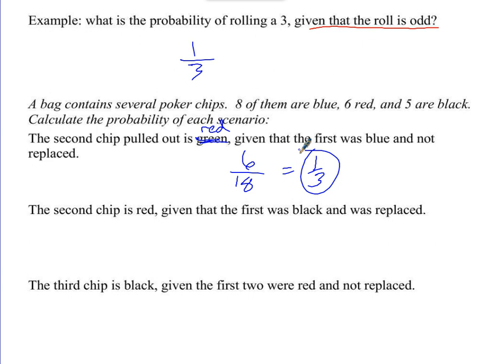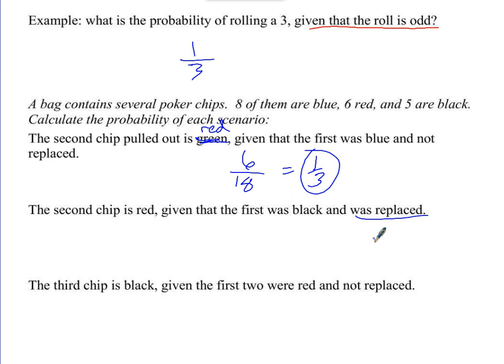Now for that second one, the second chip is red given that the first chip was black and replaced. What does that mean? It means I put it back, which means that this event, if this event was dependent, and it was, this event is independent because I put back that first chip.